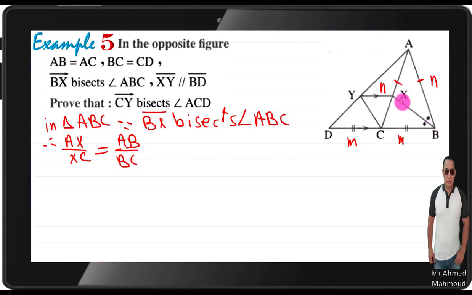Again, BX bisects angle B, so AX over XC equals AB over BC, which is equal to N over M.